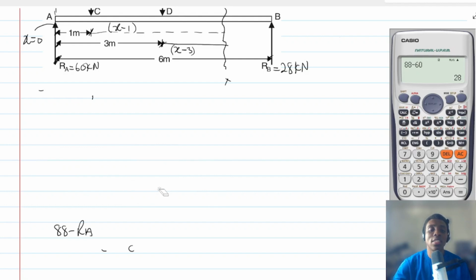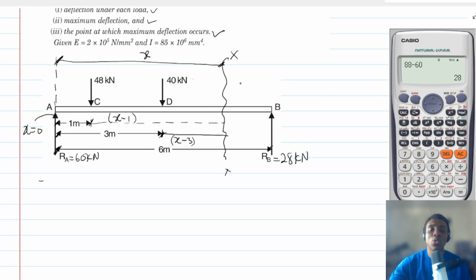At this juncture, once we've introduced a section, there is going to be a shear force in this direction, and then a bending moment due to the section that we have taken.